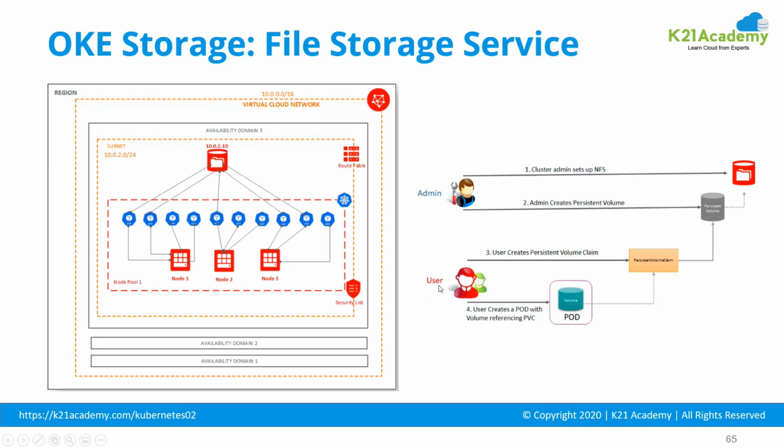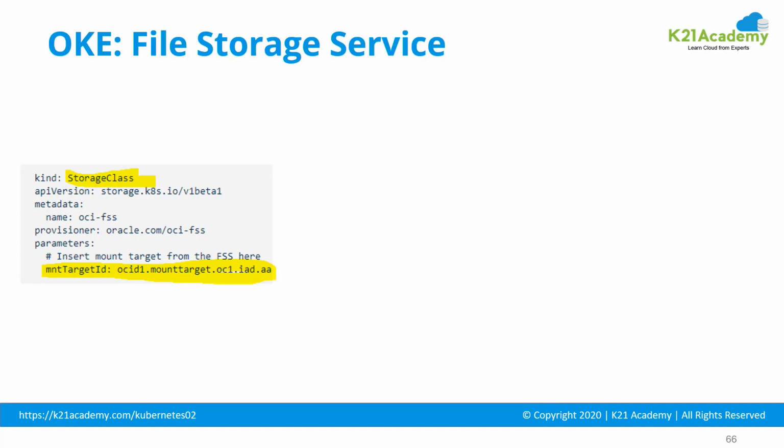Then your developers, users, or the Kubernetes administrator will use these persistent volume claims in the pods. Now, if you want to define this file storage service, assuming you've already configured it and presented it to the node, then you define a storage class that signifies the OCID, or Oracle Cloud Identifier, of the mount target where this file storage service is mounted.